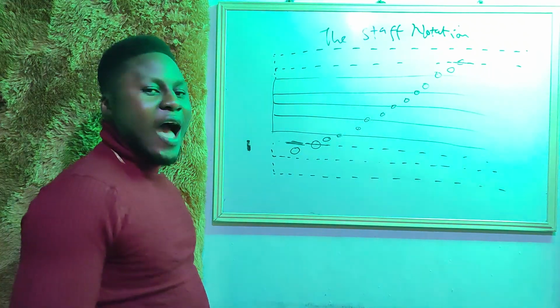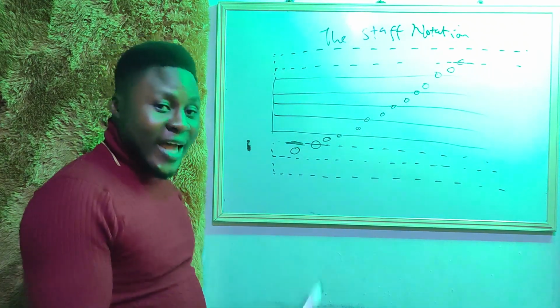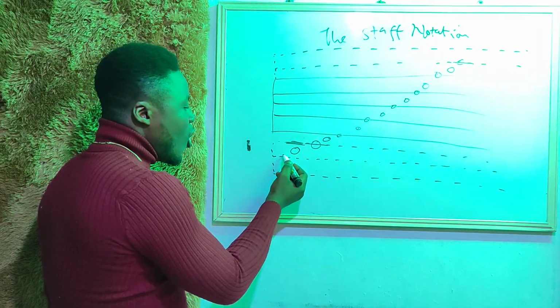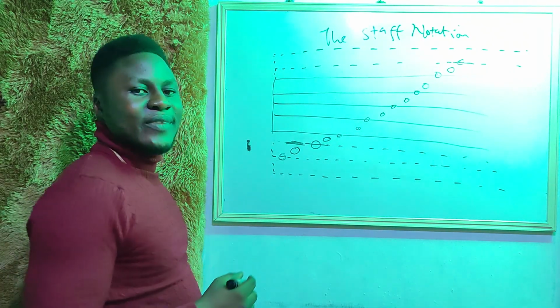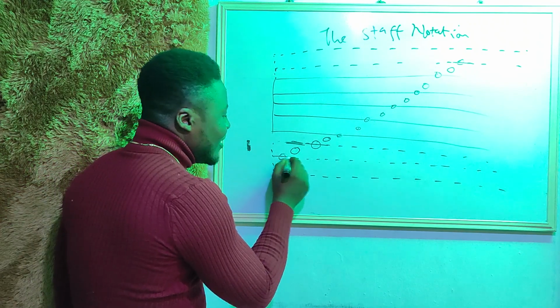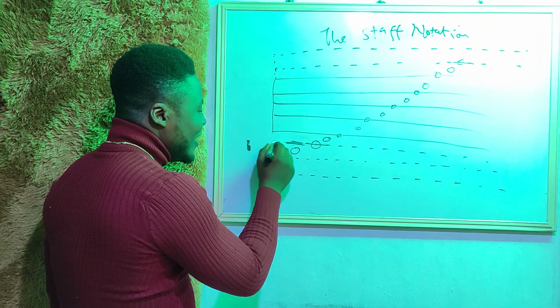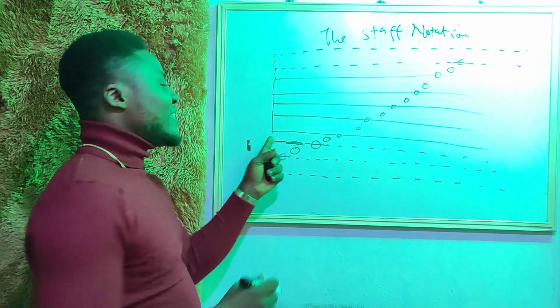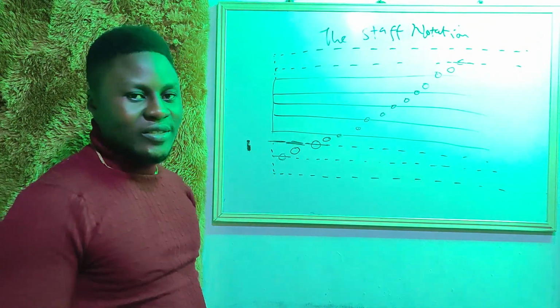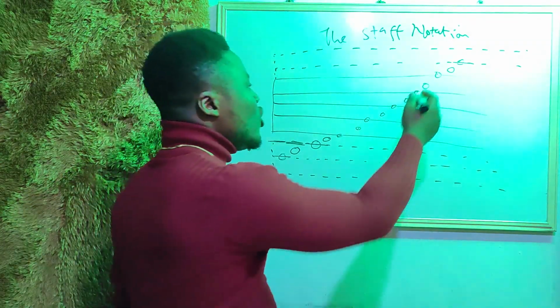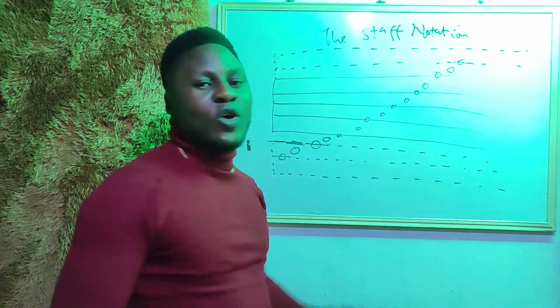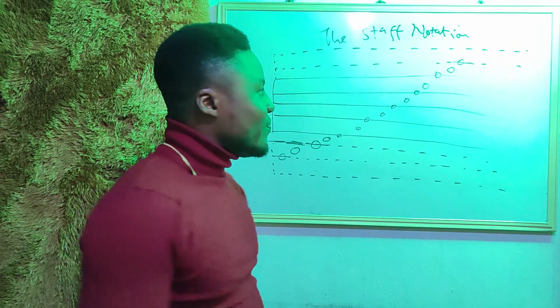Okay? And when this note drops further again, it drops on the line. Then you have a ledger line running through the note, and you have another line indicating that there is a ledger line above it. The same thing applies to the notes that are going upward in the staff.